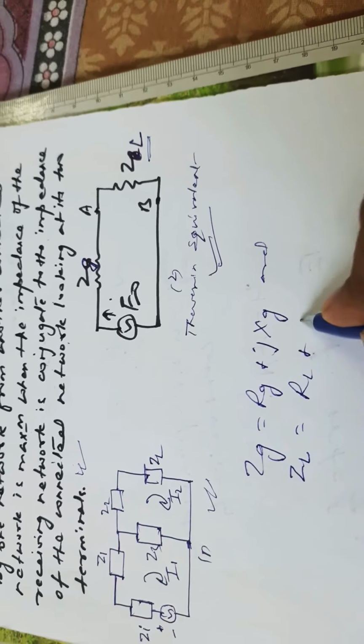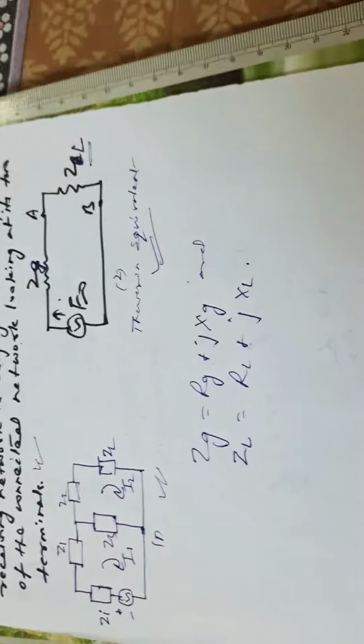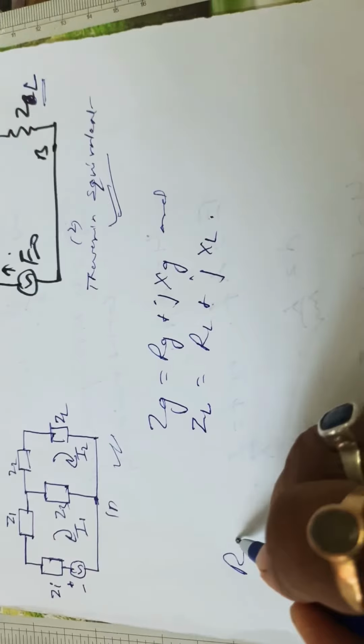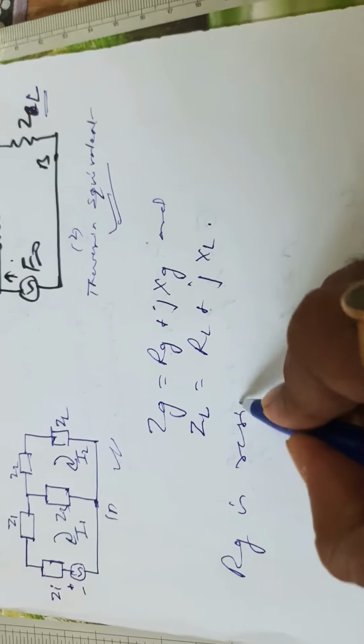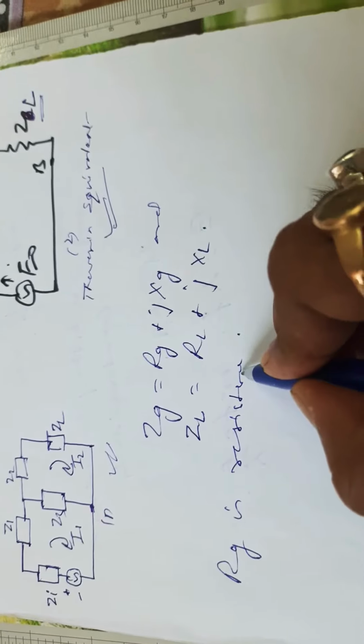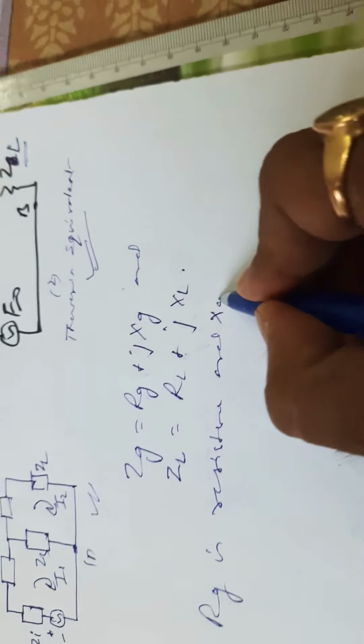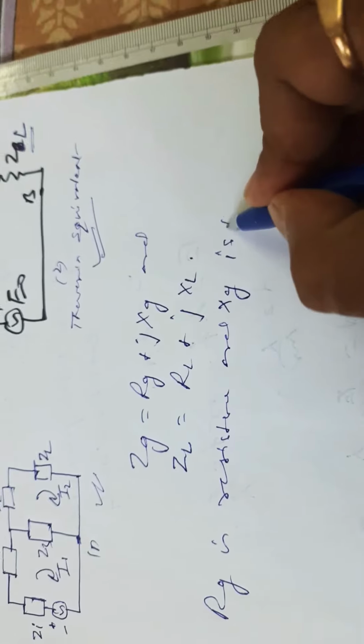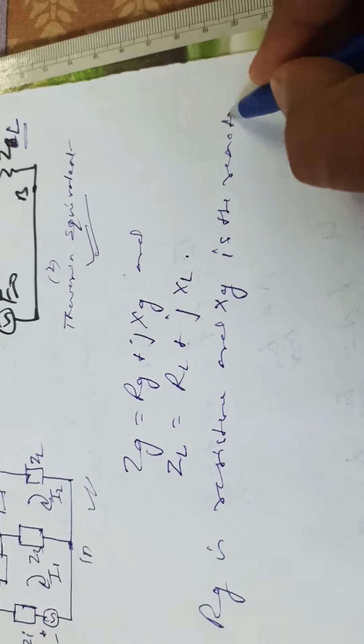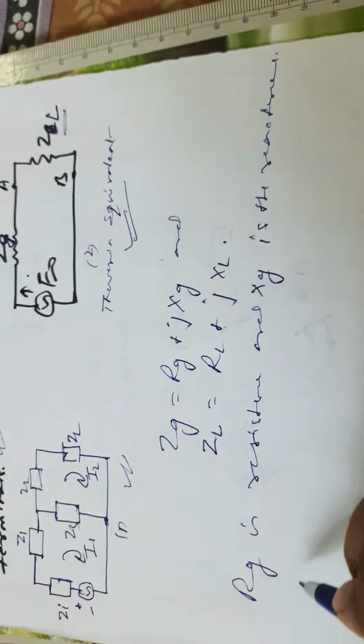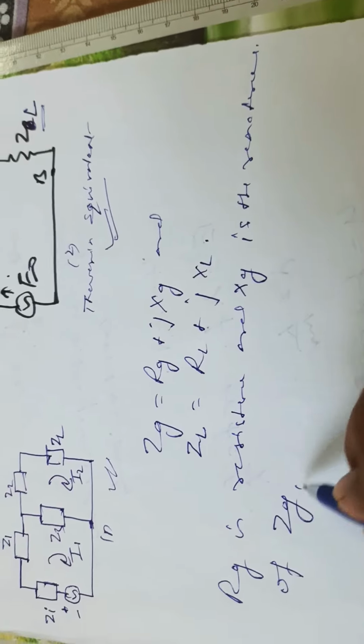R subscript L plus j X subscript L, where Rg is the resistance and Xg is the reactance of Zg.